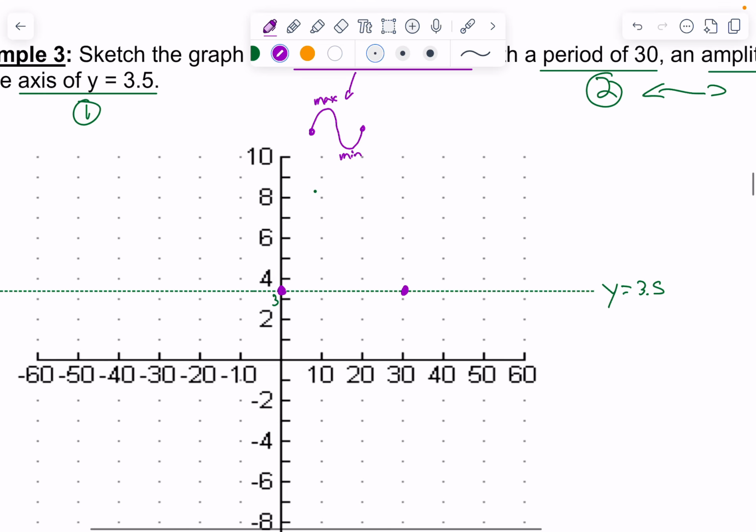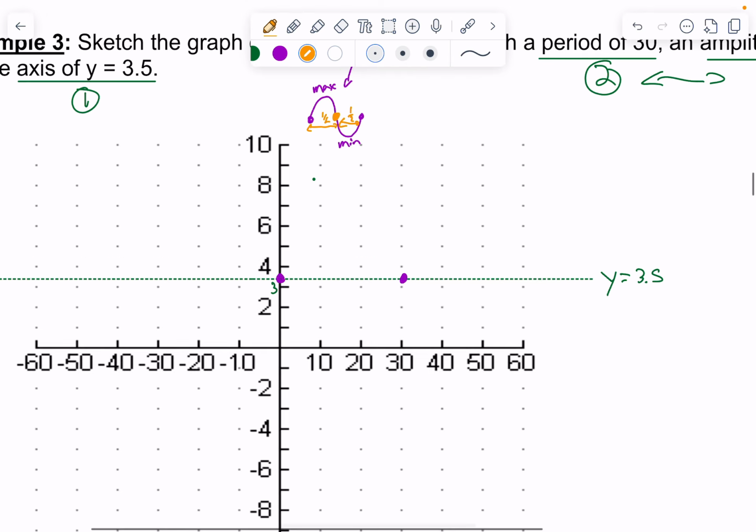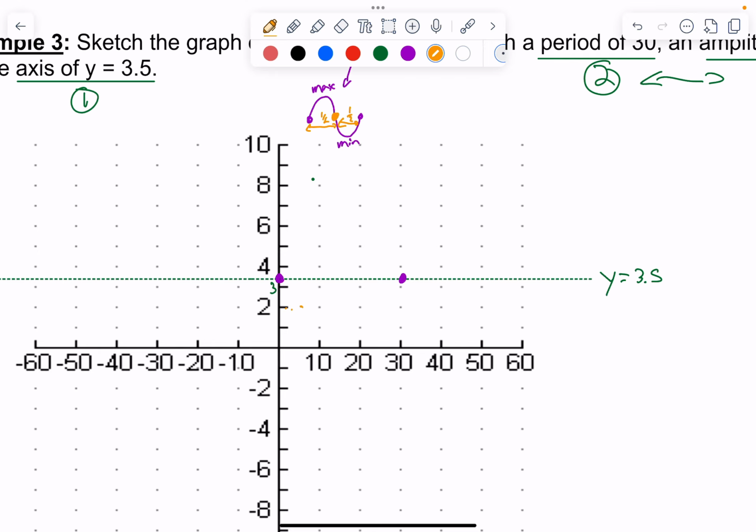So how many squares do we have here? If we think about this graph being in two chunks, you have half your graph representing the max part, and then the other half representing the min, where it goes down, right? So if we have 4 squares right here, well, oh, sorry, we have 1, 2, 3 spots.